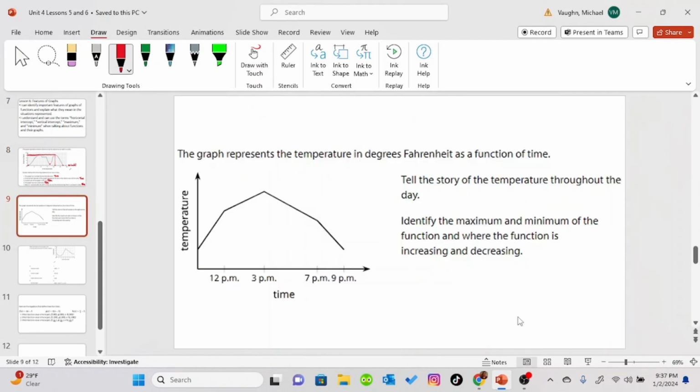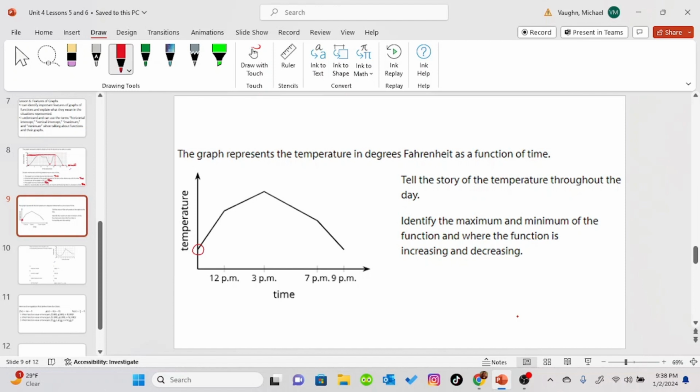The graph represents the temperature in degrees Fahrenheit as a function of time. Tell the story of the temperature throughout the day. Identify the maximum and minimum of the function and where the function is increasing and decreasing. So we have one minimum down here at the beginning of the time.